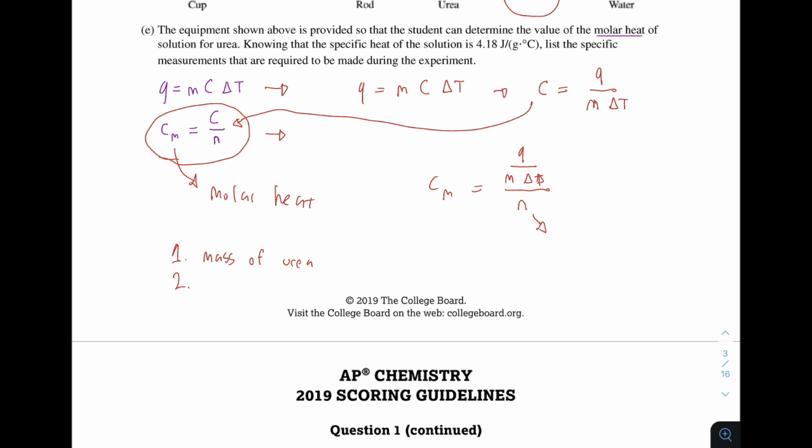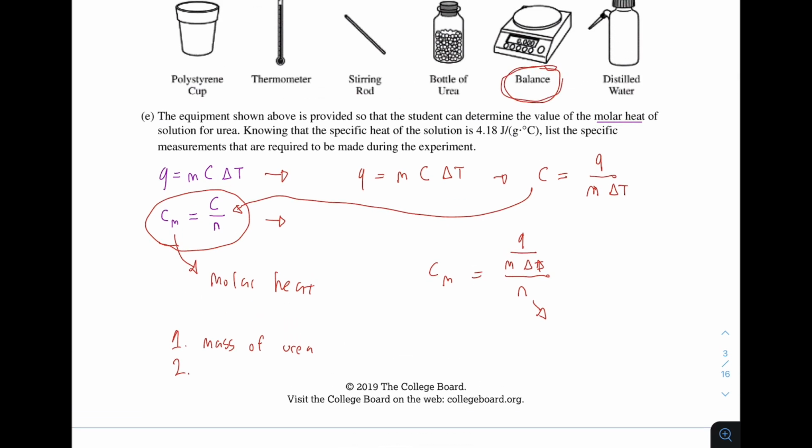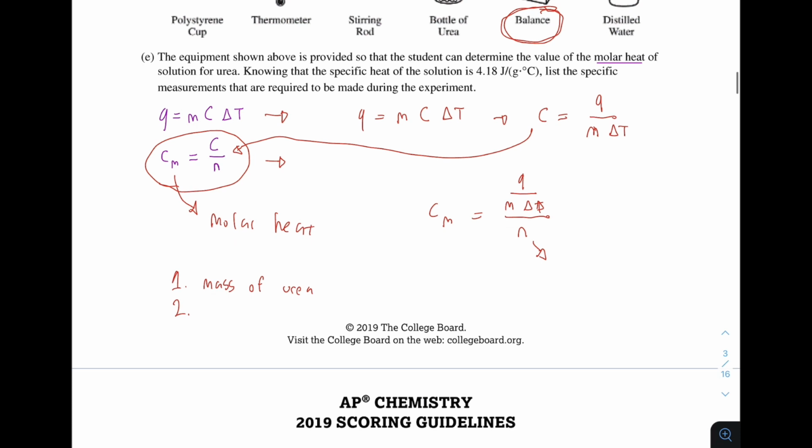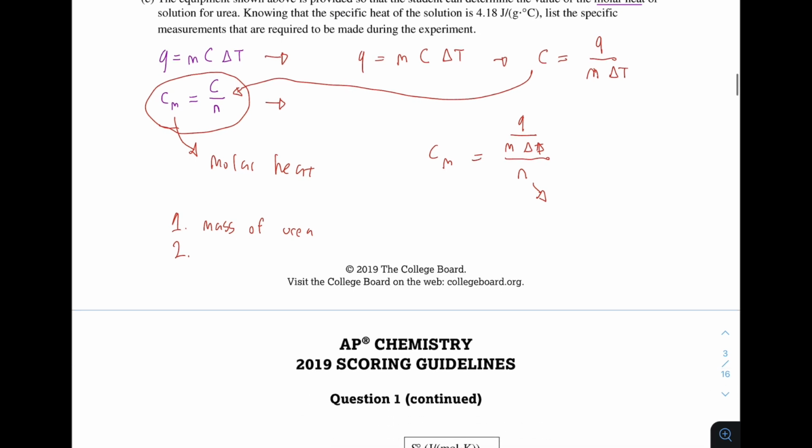The second thing we're going to need is also from the balance, and that's the mass of the water. Because we're told the specific heat of the solution, but we need to know how much water is used in order to find the molar heat of the solution, because again, we're talking in moles. So we're also going to need to know the mass of water.